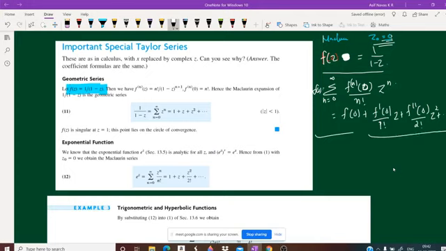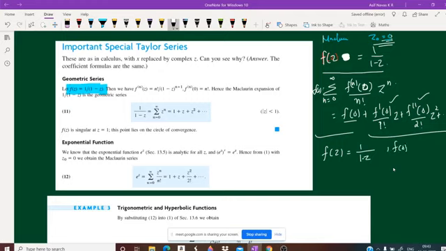Okay, now first we want to find out f of 0, f dash of 0, f double dash of 0, etc. So we have f of z is equal to 1 by 1 minus z. Then what is f of 0?